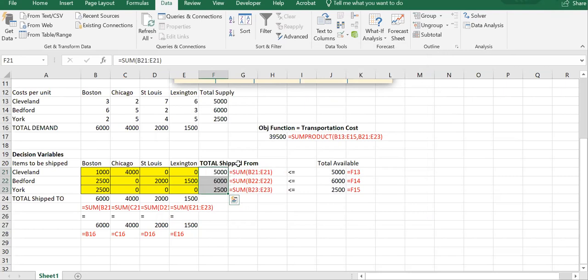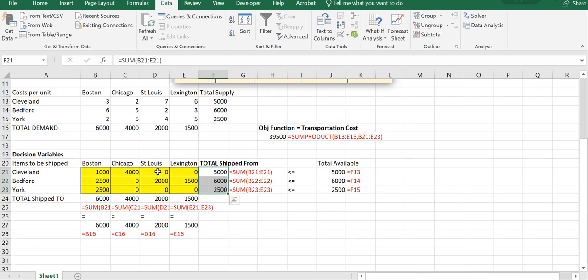So the total shipped from each supplier, as you can see, they're all binding, and our demands are also binding. We are satisfying all demands. We are using up the overall capacity of each plant. And this is how we are using our supply capacity in order to satisfy the demand.